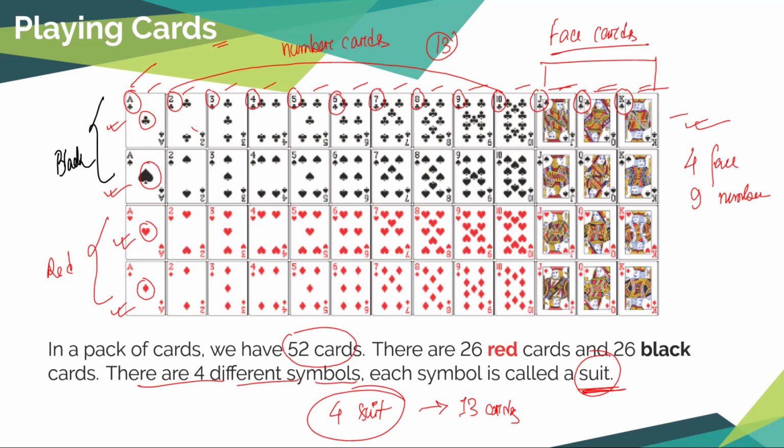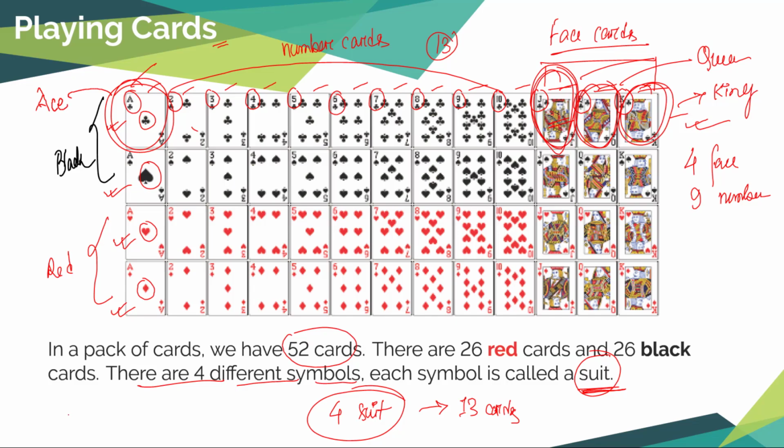The card J over here is called Jack, this Q over here is called Queen, and this K over here is called King, right? And this face card where we have only one letter, A, is called Ace, right?